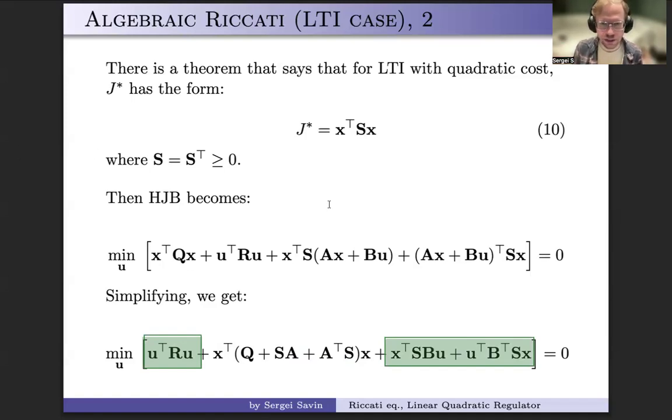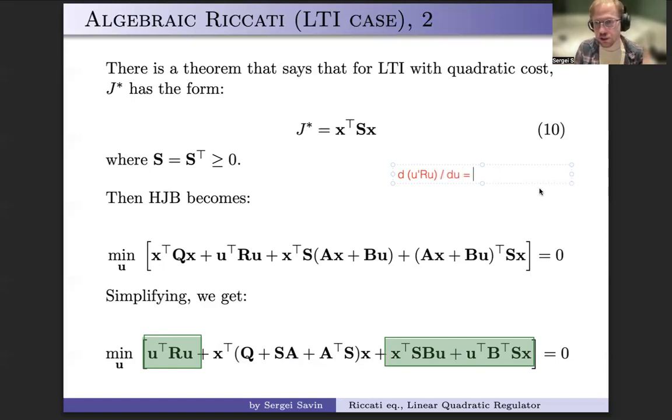But there is basically a formula. So let's say d of u transpose r transpose u, and derivative with respect to u, right?